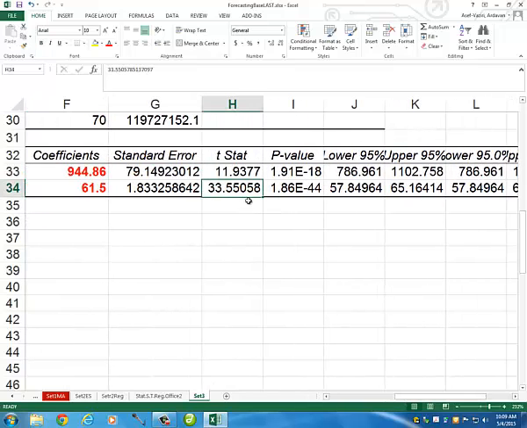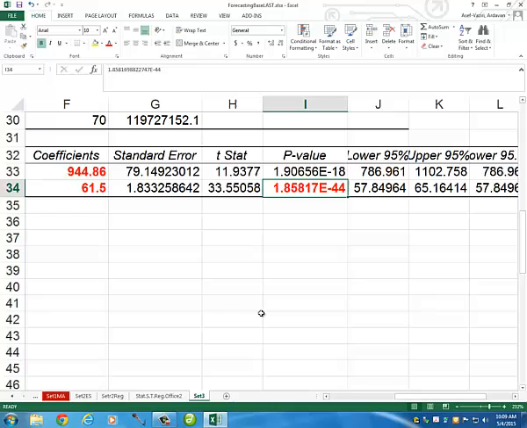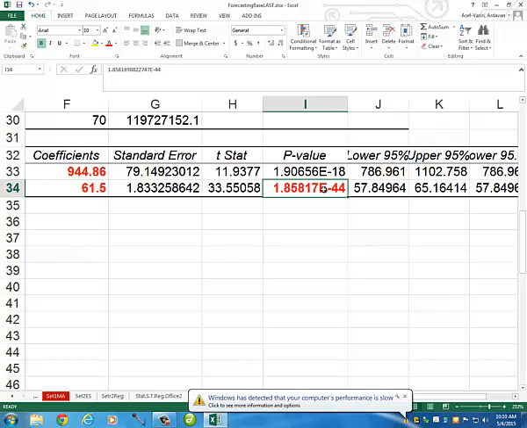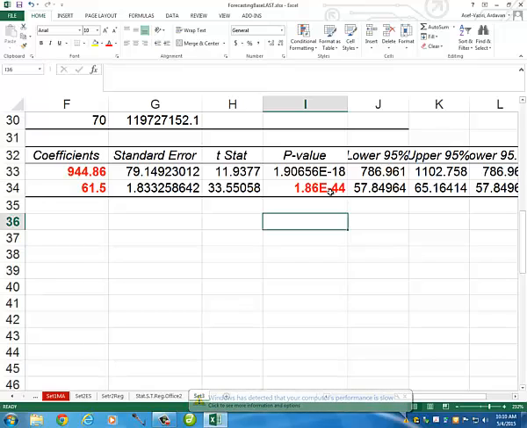One other thing which is important to us is the p-value of B1. We want it as small as possible, definitely less than 0.05, 0.025, or 0.01. We want it in those ranges. E followed by a number means 10 to the power of that number. Here we have E minus 44, which means 10 to the power of negative 44.